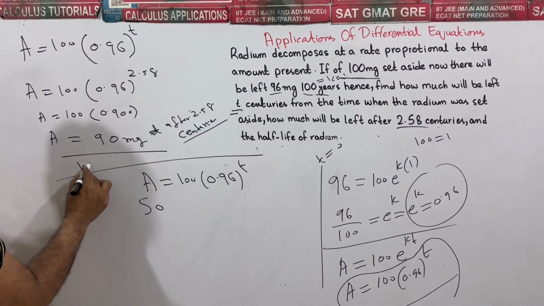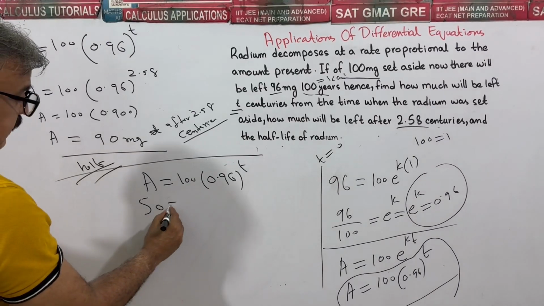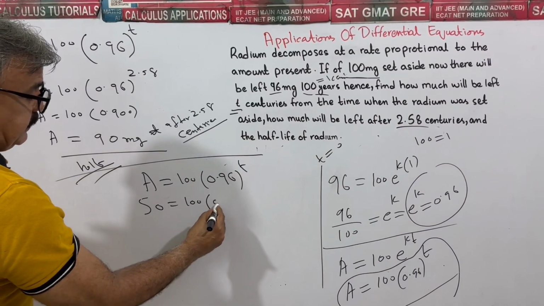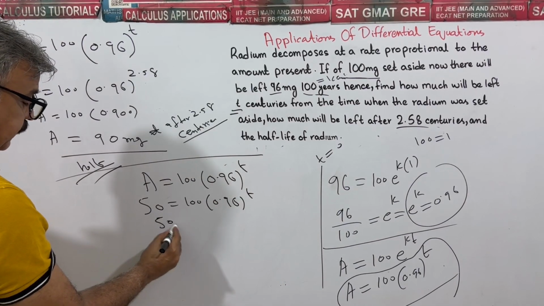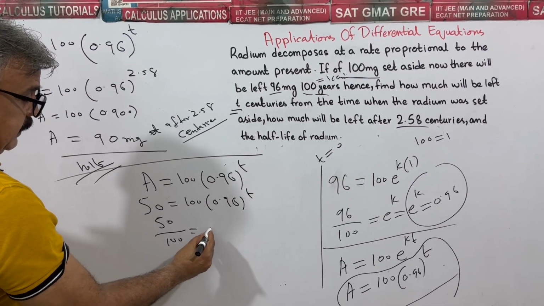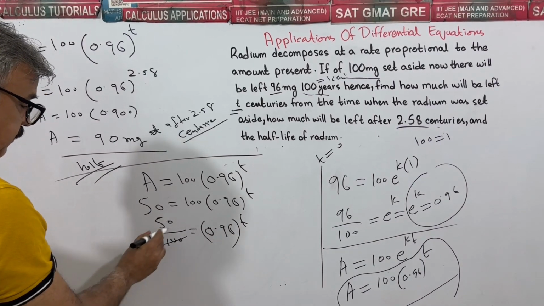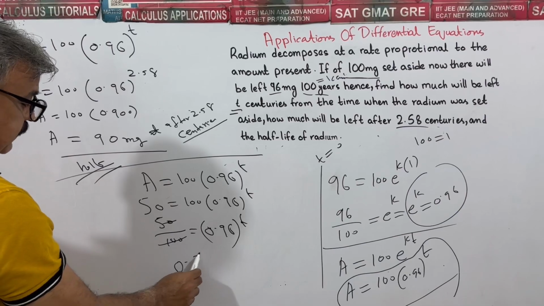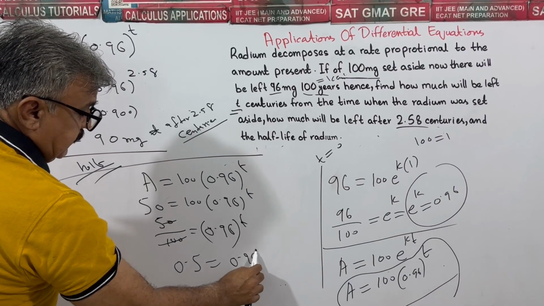So 50 is equal to 100 times 0.96 raised to t. It becomes 50 over 100 is equal to 0.96 raised to t, so 0.5 is equal to 0.96 raised to t.